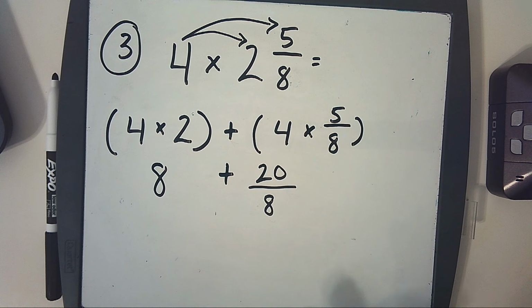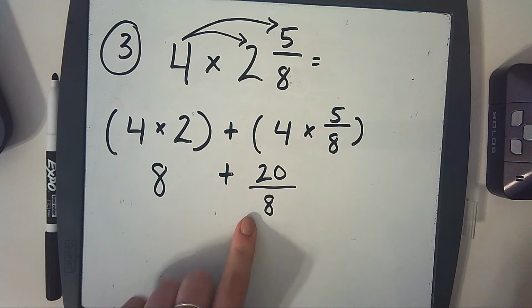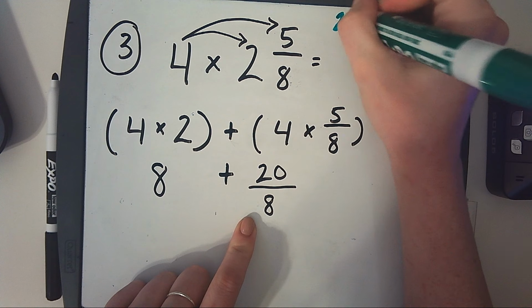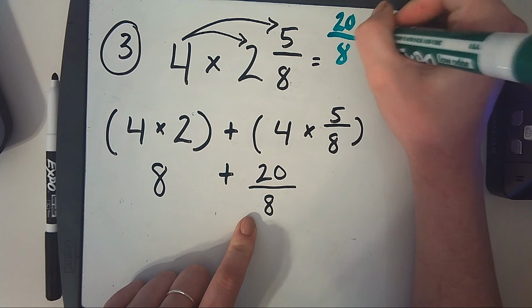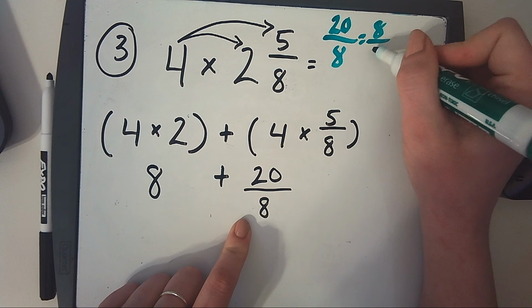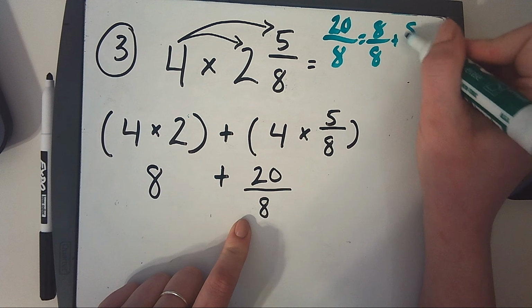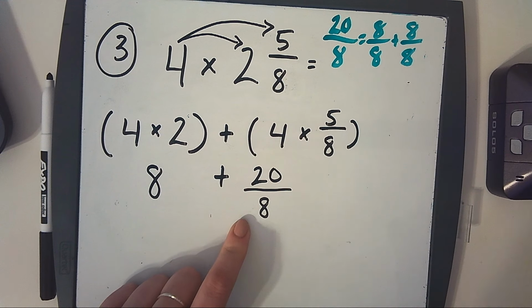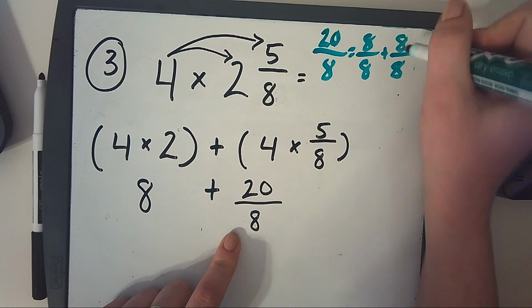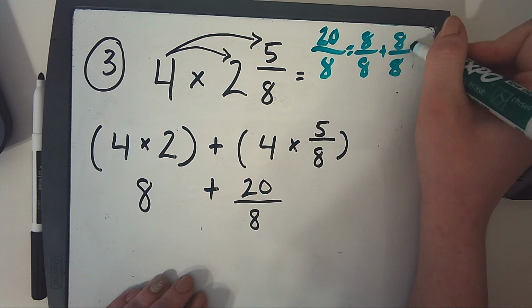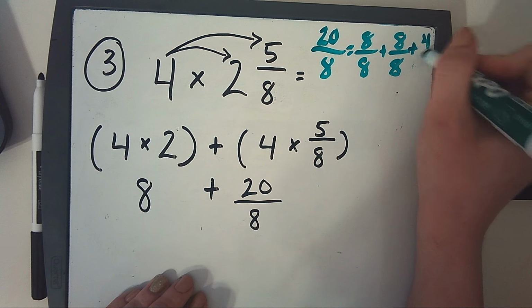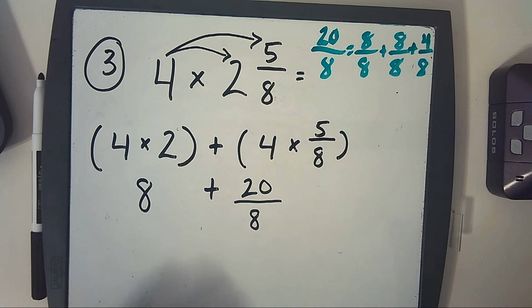In changing the 20/8 to a mixed number, 8 plus 8 is 16. I know one more 8 is going to give me 24, and that's more than 20. So 8 plus 8 is 16. To get to 20, I have to have 4 more.